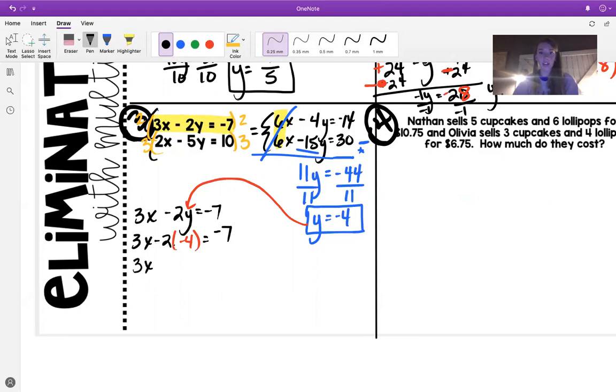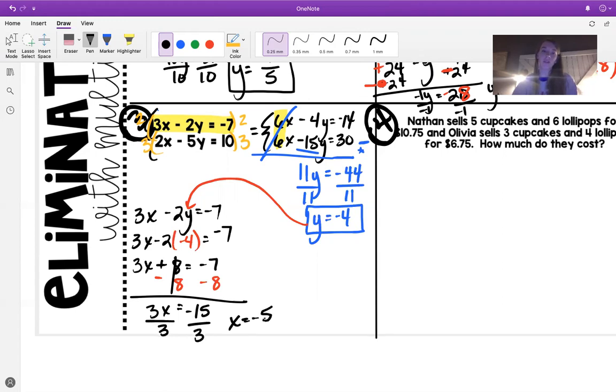A negative 2 times a negative 4 is a positive 8, and a negative 7. So I'm going to subtract 8 from both sides. Pay attention to my signs this time. And those will eliminate. So I have 3x equals a negative 7 minus 8, which is going to be negative 15. Divided by 3, divided by 3, x equals negative 5.